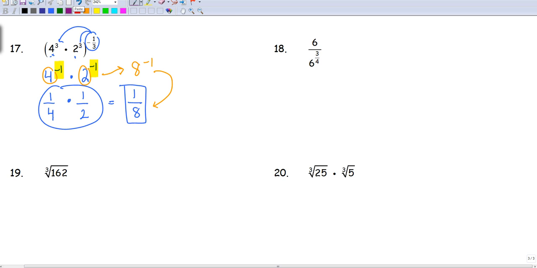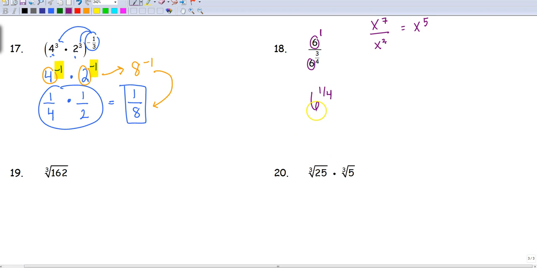Okay? All right, next. When you have the same base and you are dividing, we subtract our exponents. So for example, if you have x to the 7th over x squared, we do 7 minus 2 is 5. So we're just going to do the same thing here. Bases are the same. This exponent is a 1. 1 minus 3/4 is 1/4.